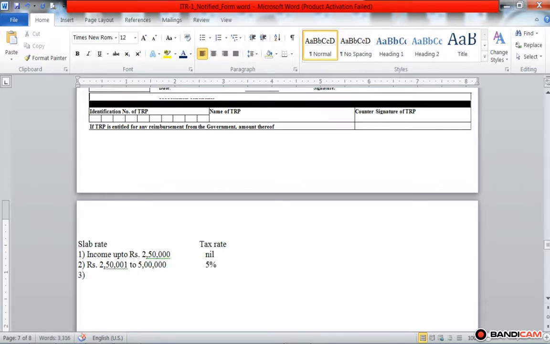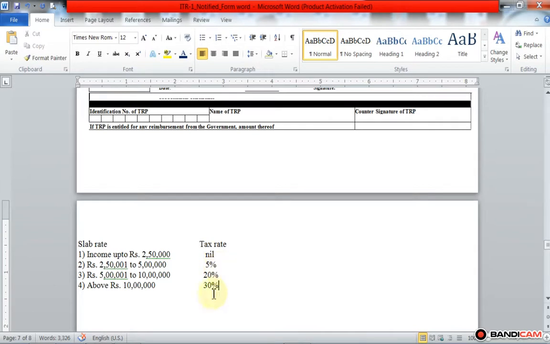Third, rupees 5 lakh 1 to rupees 10 lakh, 20%. And the fourth one is above rupees 10 lakh, 30%.